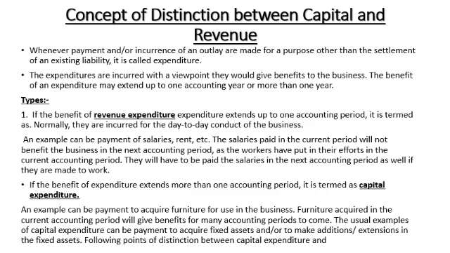Now you may see the concept of capital and revenue nature items. Whenever a payment or expenditure is made for the purpose of settlement of any existing liabilities, it is called expenditure. The expenditures are incurred with the viewpoint of benefits to the business. If the benefit of these expenditures is up to one year, then it is called revenue expenditure.